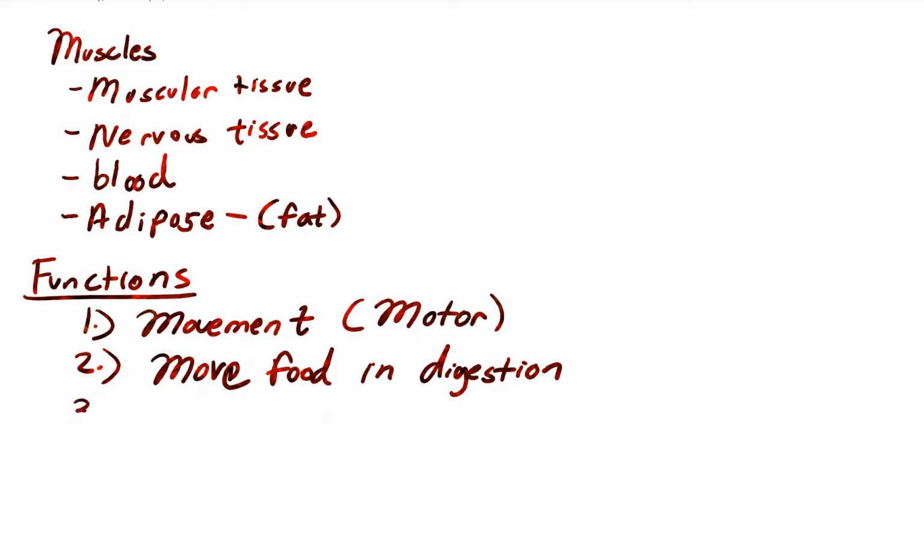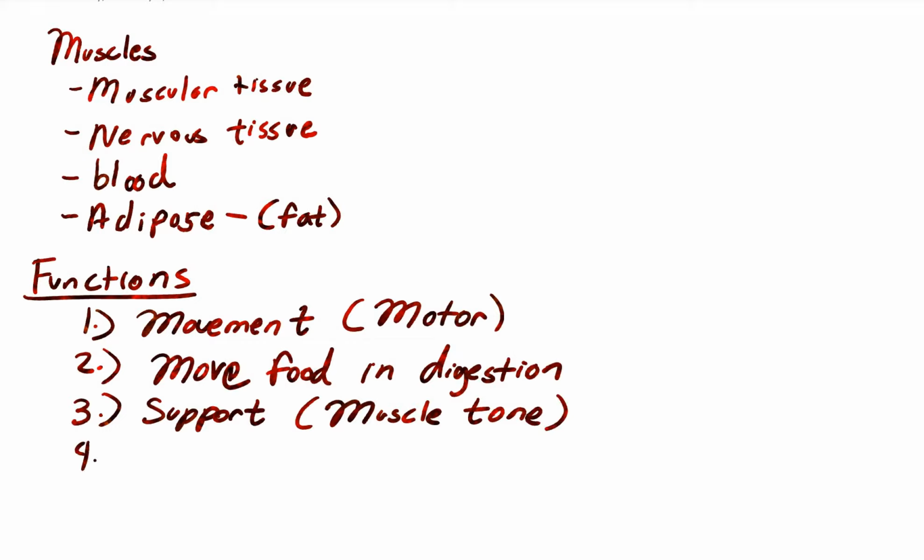They're responsible for support. In this case, the support that they supply is possible because of muscle tone. Obviously, if you think about very important muscles like your heart, they have the ability to move fluids as well.